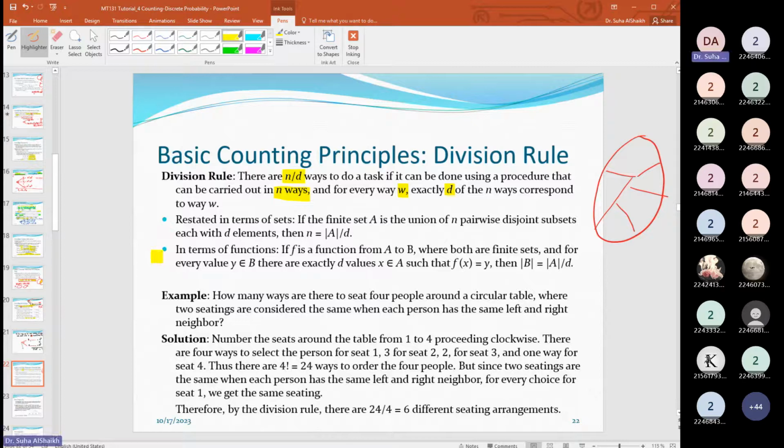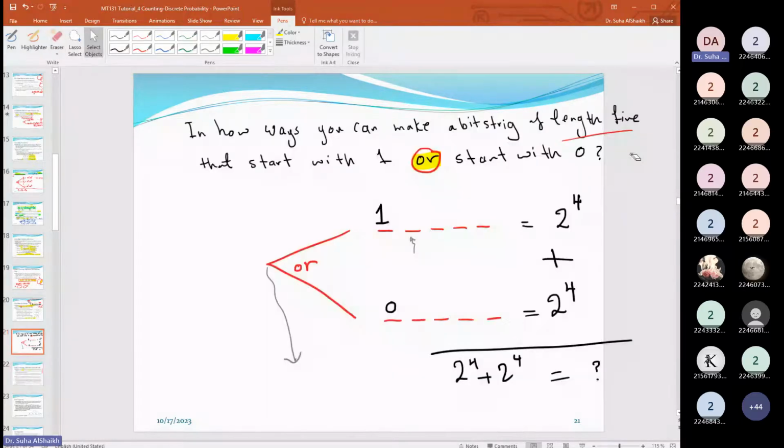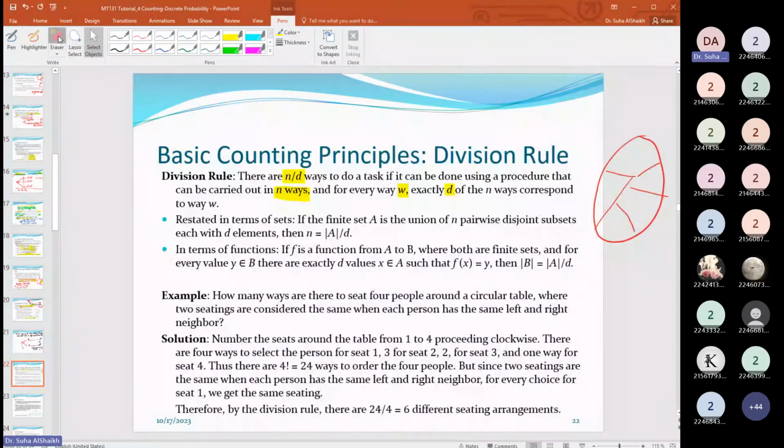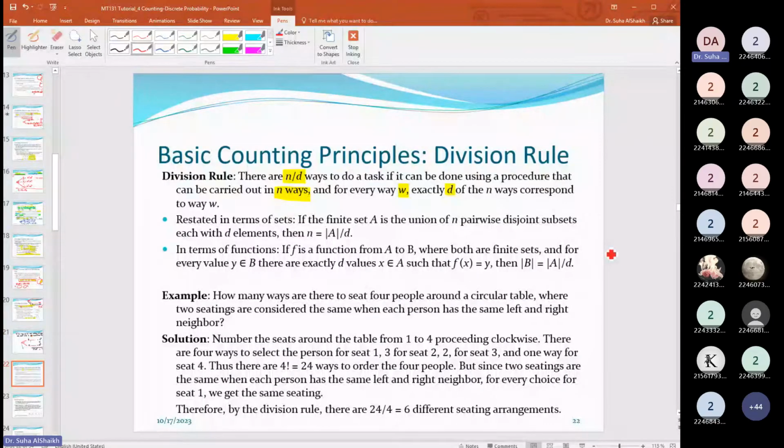Now, one example here: if we are talking about seating 4 different people around a circular table. We have a circular table and I'm trying to seat 4 different people around it.